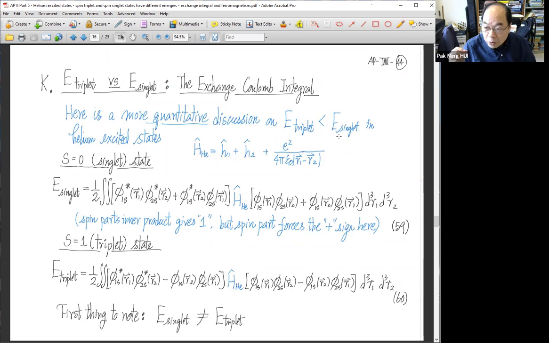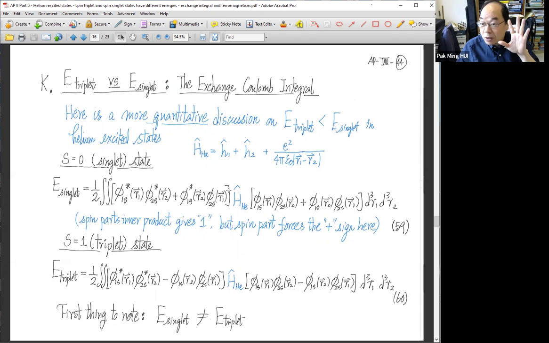I'm just showing you that particular long integral that will make the 2 excited states, triplet and singlet, carry different energies. What is the key physics? That is the goal here. We are not going to plug in some hydrogenic wave function here and do the integral, so don't worry. But it is actually rather fascinating, so pay attention.